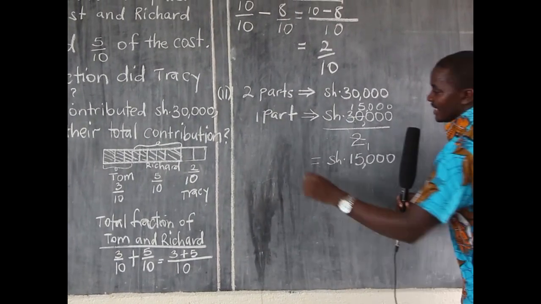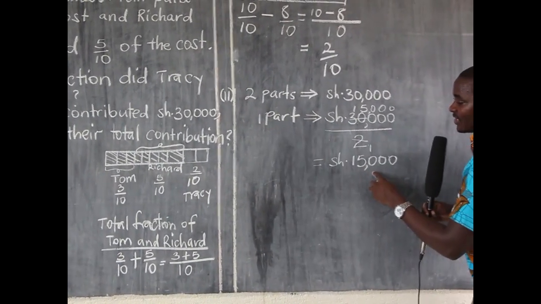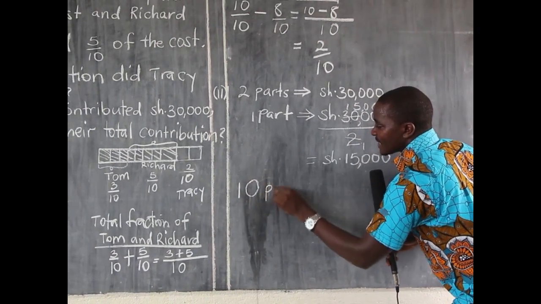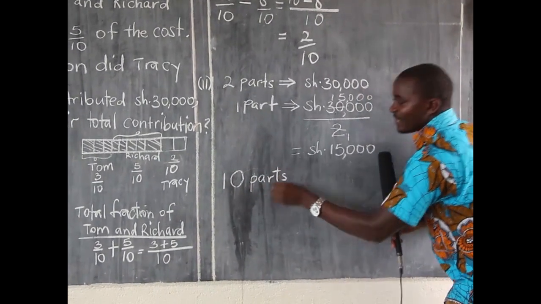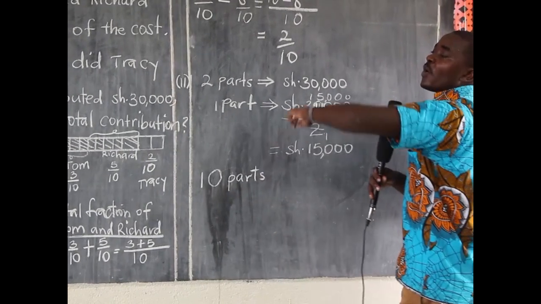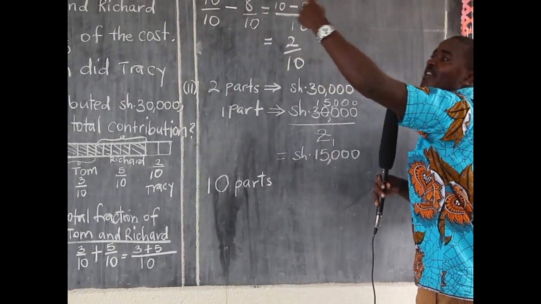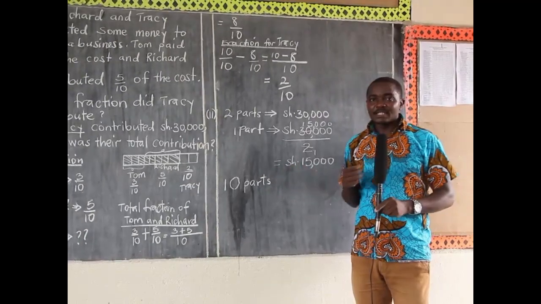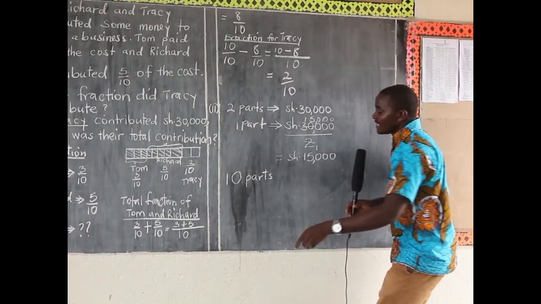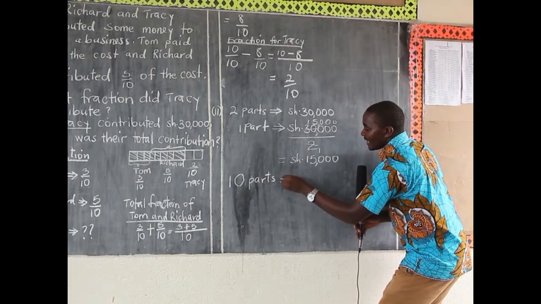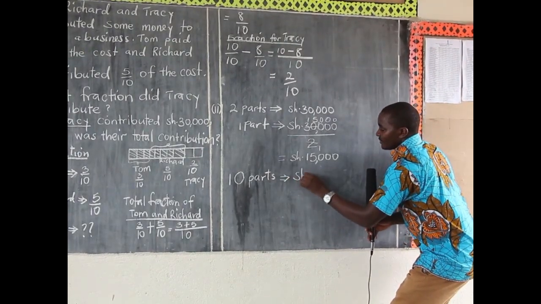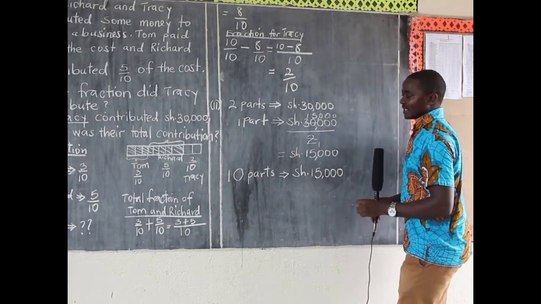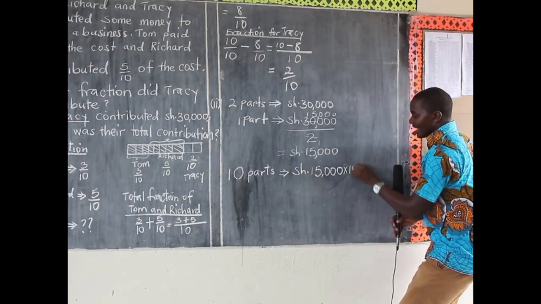That means that if one part is 15,000 shillings, what about 10 parts? Remember, the 10 parts are the parts for Tom, Richard, and Tracy, the total contribution. And therefore, 10 parts will represent 15,000 shillings, which is one part, times 10.